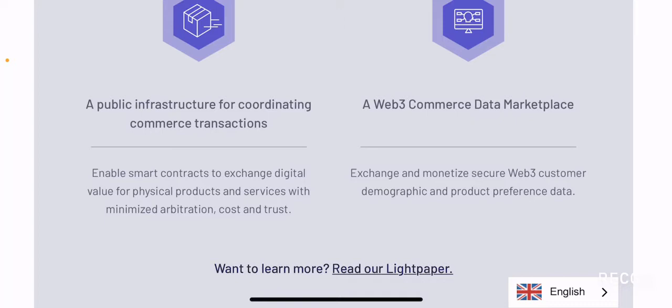So you can basically buy and sell using Boson protocol. You can buy physical products from Boson protocol in a completely trustless, very cost effective way, with minimal arbitration, right? The other feature of Boson protocol is that it provides a way to exchange and monetize secure Web3 customer data, demographics and product preference data.